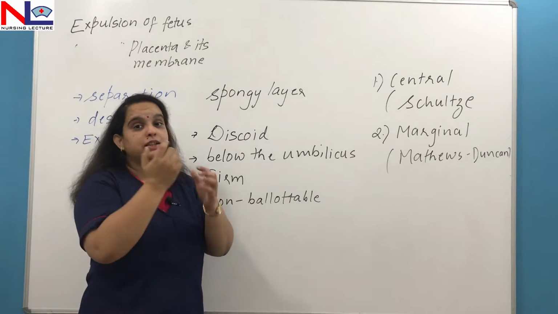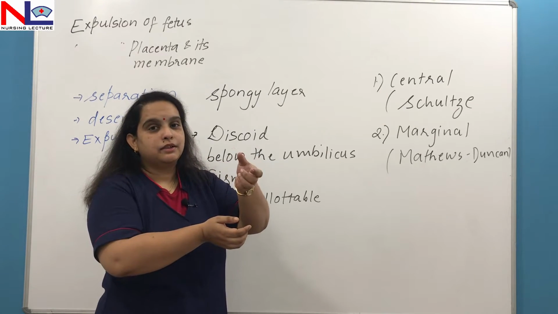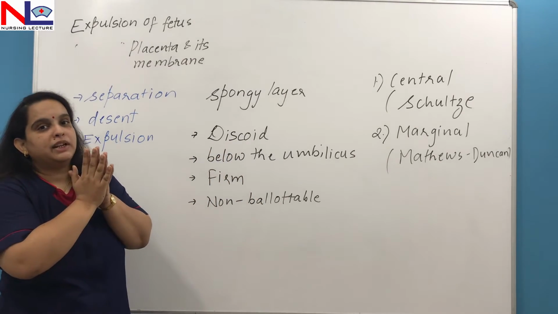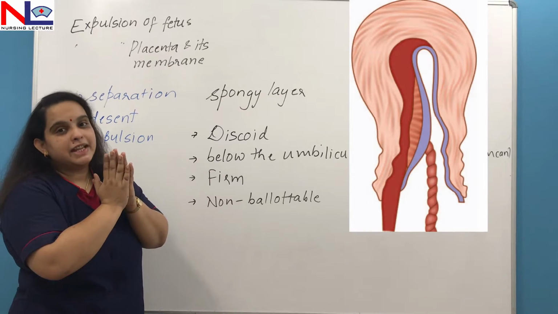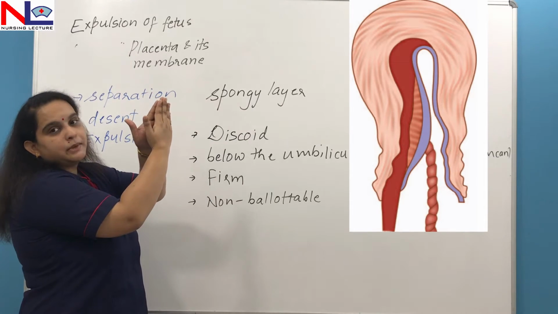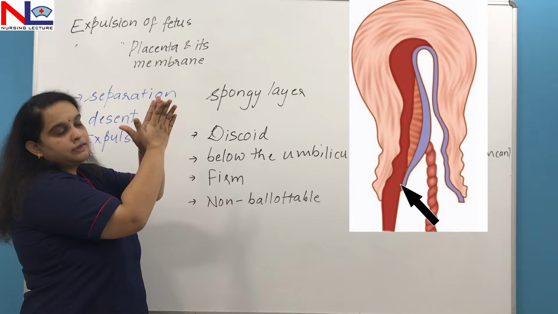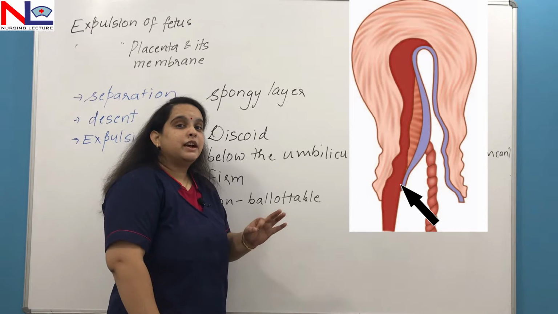Now, what is the marginal or Mathews-Duncan method? In the placental structure we have seen that at the center the placenta is thick and at the periphery it is thin, right? So with progressive contraction and retractive ability of the muscle fiber, the margins get separated very easily. There is a progressive separation from the decidual lining from the margin onwards, and once it gets separated from the margin, there is a gush of bleeding.